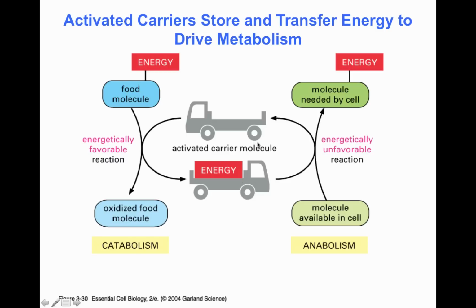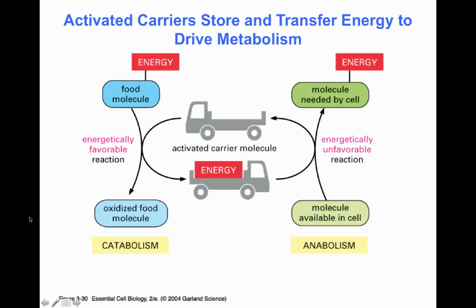So this empty activated carrier molecule, shown here by the empty truck, is now going to be able to carry that energy to another molecule that is going to be involved in an energetically unfavorable reaction. So you have this molecule here available in the cell in an anabolic reaction, and that molecule will then be able to use the energy brought in by the activated energy carrier to generate a new molecule that carries energy.